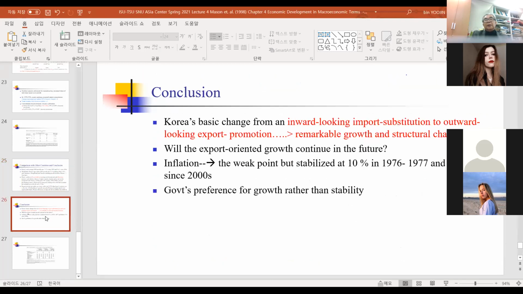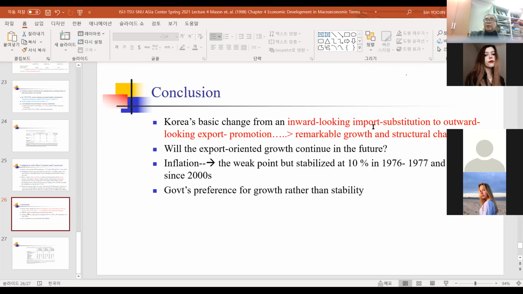Okay. So Korea's basic change was from an inward-looking import substitution. I explained, Korea didn't have any choice except adopting an import substitution policy because they didn't have enough foreign reserve. Foreign exchange earning was so poor, they could not import a lot of material.